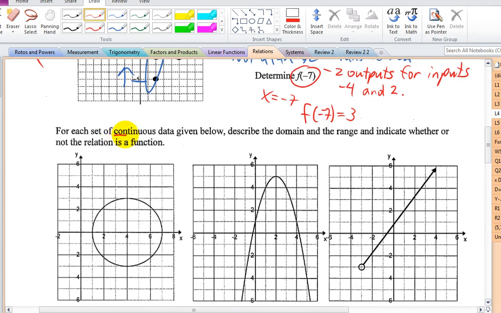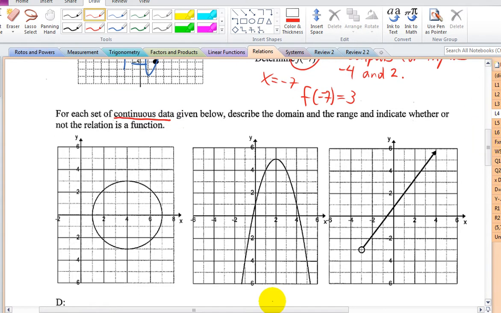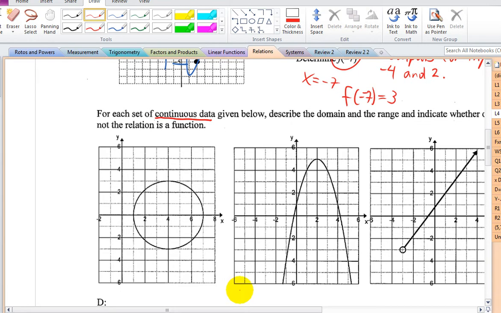Now we're going to work with continuous data and it gets a little bit more tricky. Okay. So for continuous data, we're going to have these types of things. This is less than. This one is more than. This is going to be an open dot.